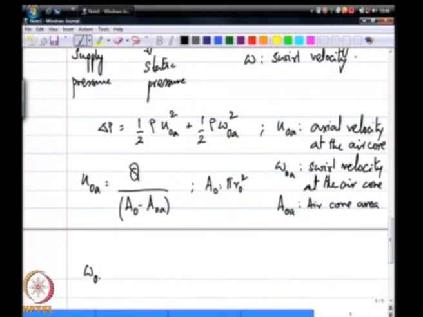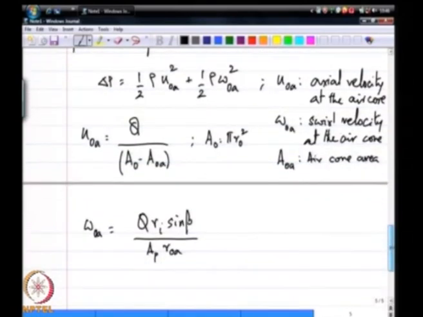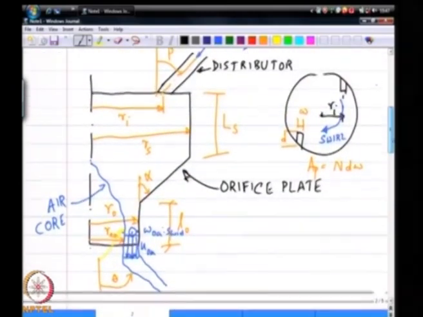W 0 a I can get from our angular momentum conservation as q r I over A p, which is the linear velocity or speed of the liquid coming in.